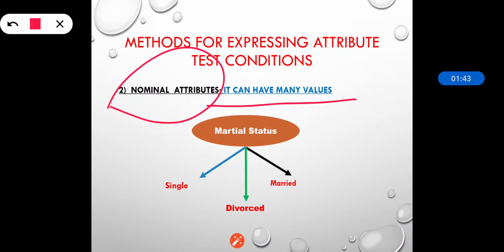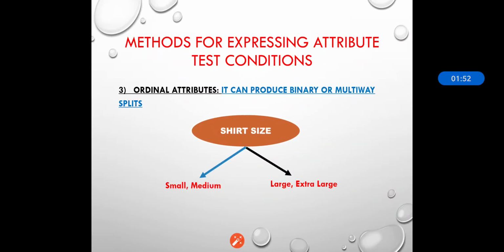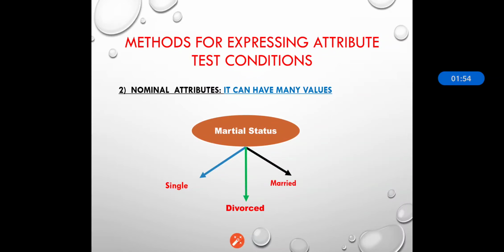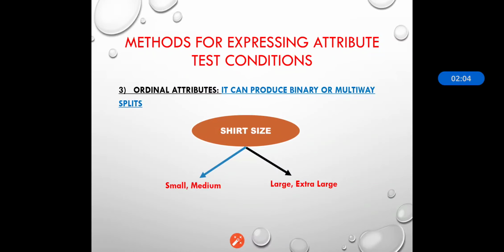For example, if the attribute is marital status, then it can have the values single, divorced or married, as we can see over here. The values are different, and according to that the test condition gives us a three-way split. That is the nominal attributes.